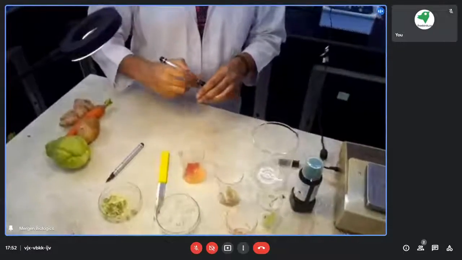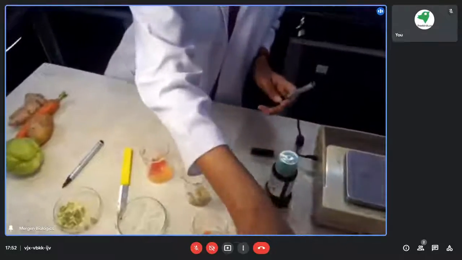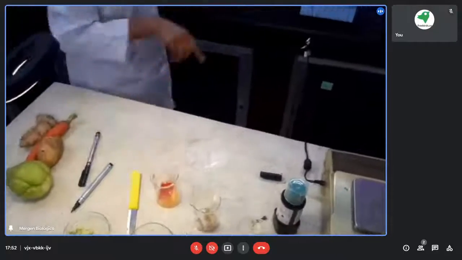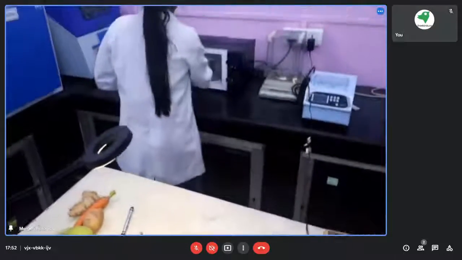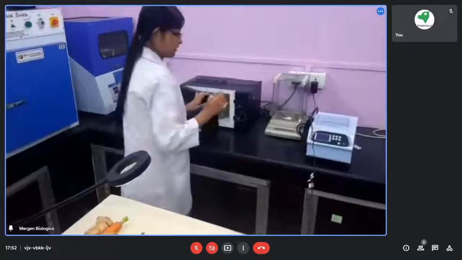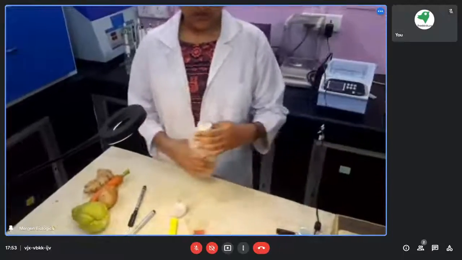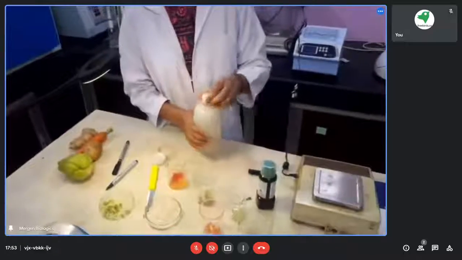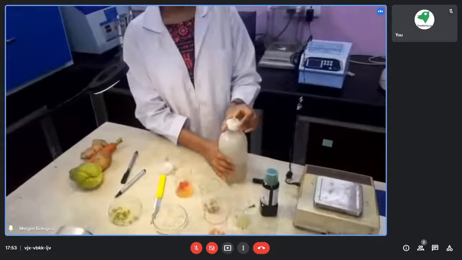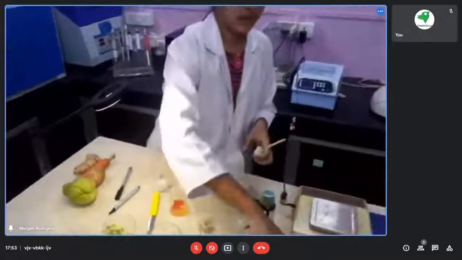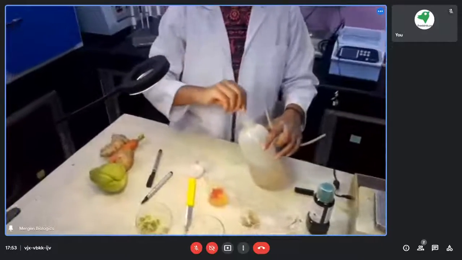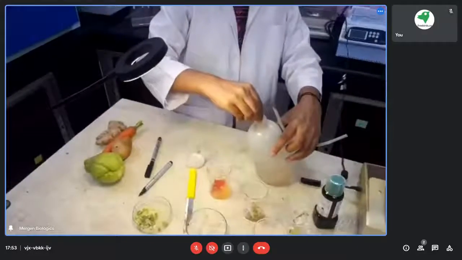If you remember, at the very beginning of our activity, I put some rice to get boiled. These are now ready, and now I will start with the experiment by adding some water in its beaker.